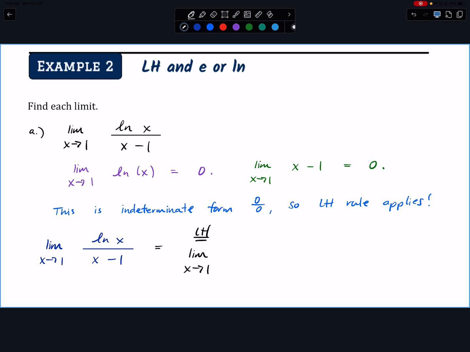What's the derivative of ln of x? 1 over x divided by, what's the derivative of the bottom? 1. So if I plug in 1, what's 1 divided by 1? 1. This is 1. Yay. Here's a weird one.